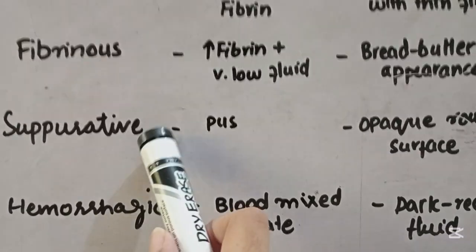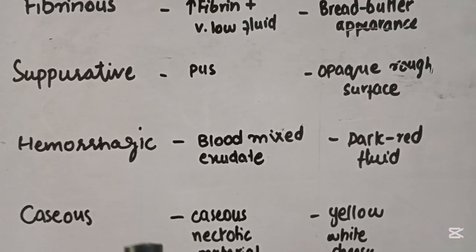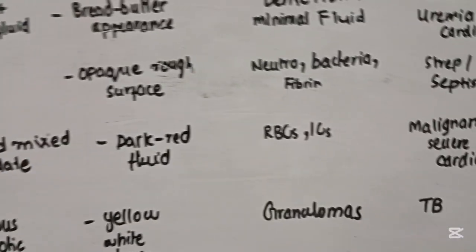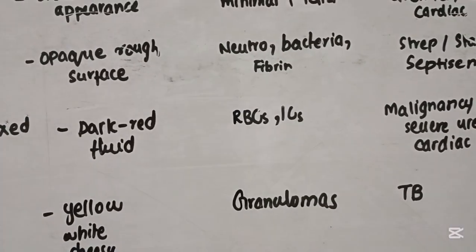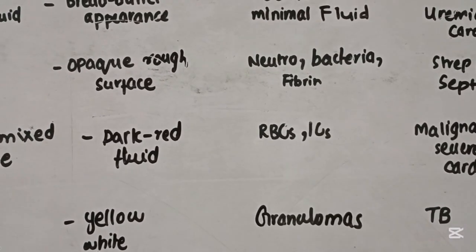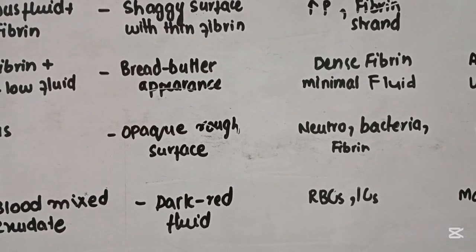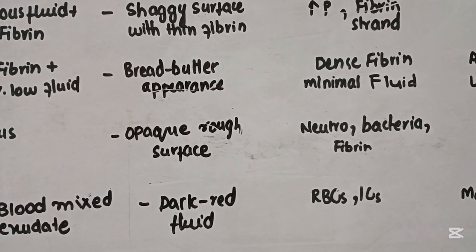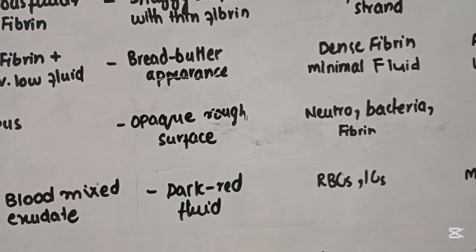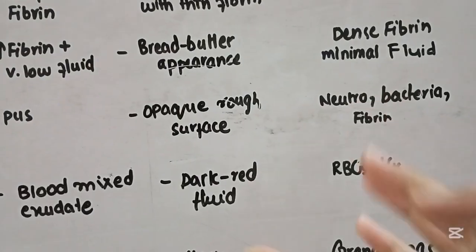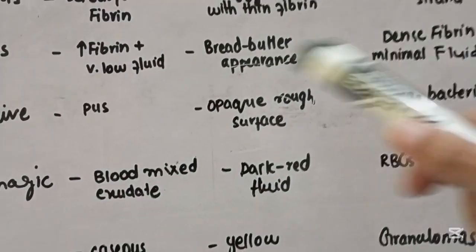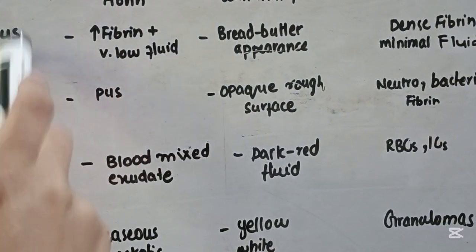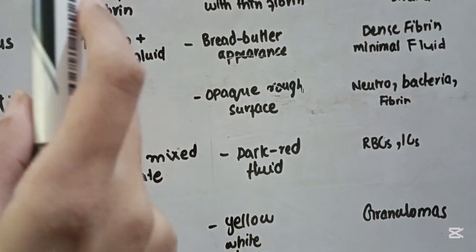Suppurative and caseous pericarditis, the starred ones, have a major complication of constrictive pericarditis, which results in diastolic dysfunction. The heart is actually enclosed in a fibrocalcific structure. The most common pericarditis that occurs is the fibrinous serous or fibrinous type.